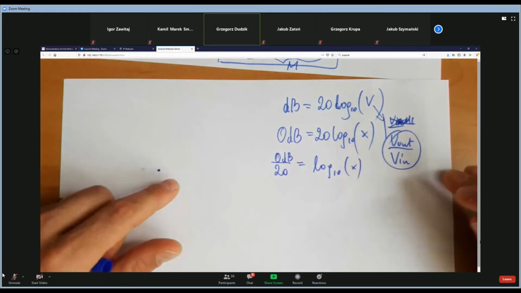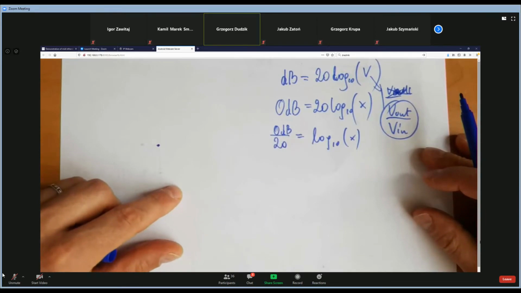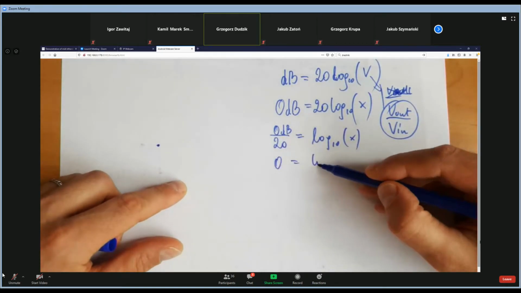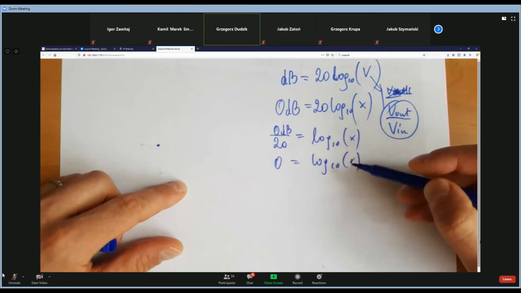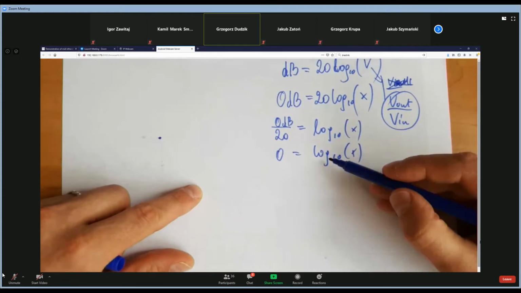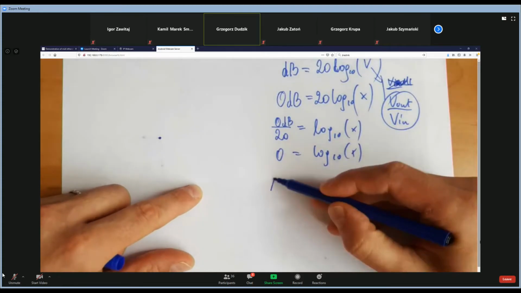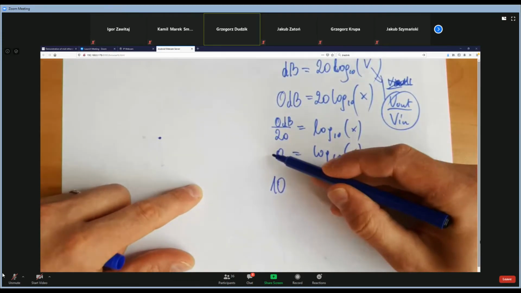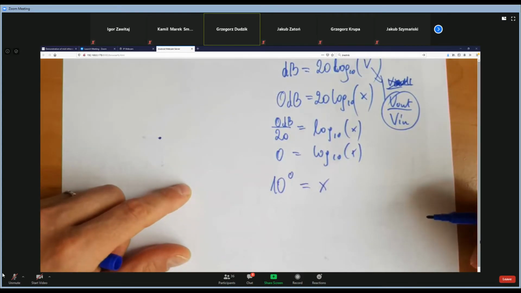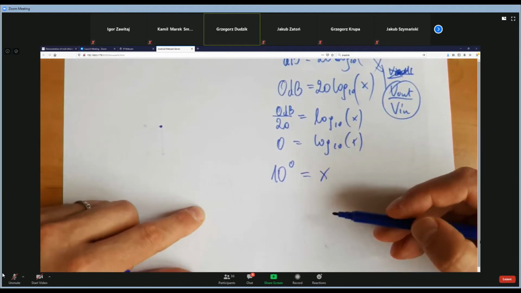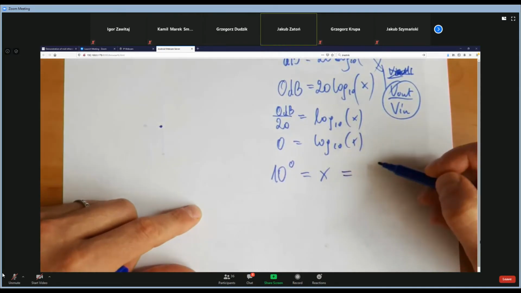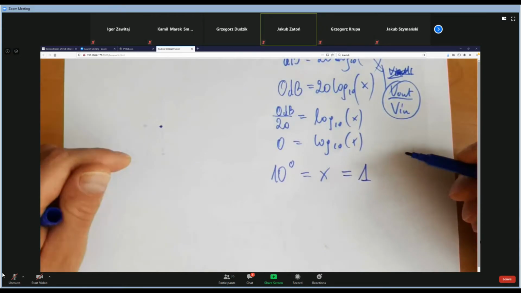So 0 over 20 is 0, and X is 10 powered to this value, 0. 10 to 0 is how many? 1, of course.